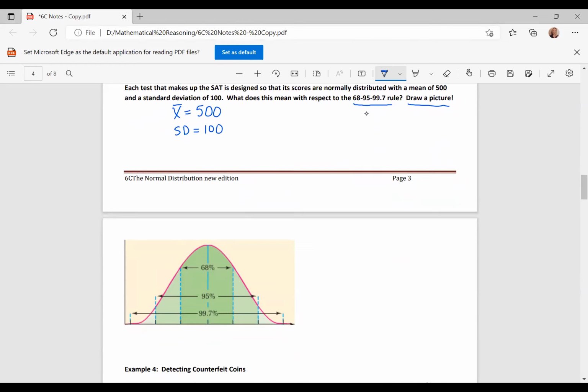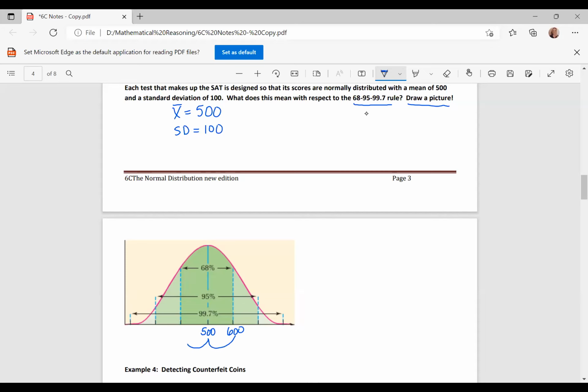This is going to be our mean right here. People get a 500. To get 1 standard deviation, remember that our standard deviation is 100. We would add 100, so 500 plus 100 would be 600.